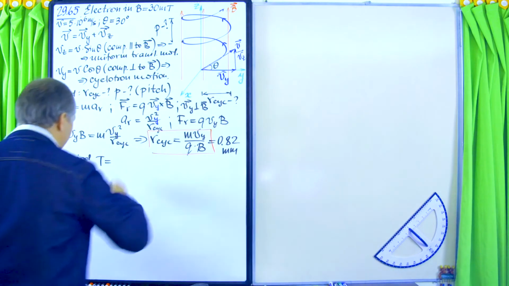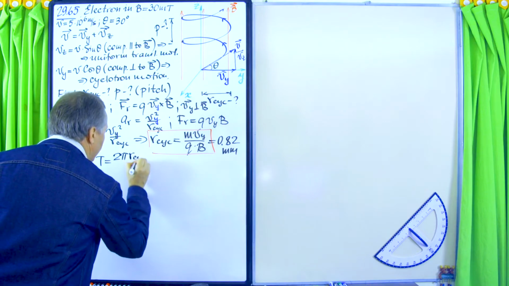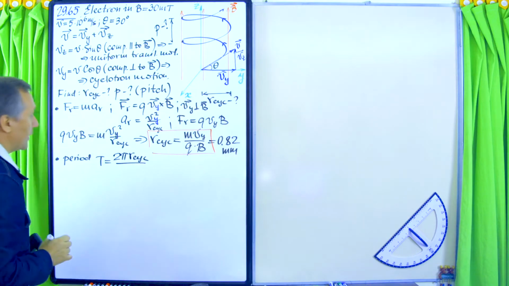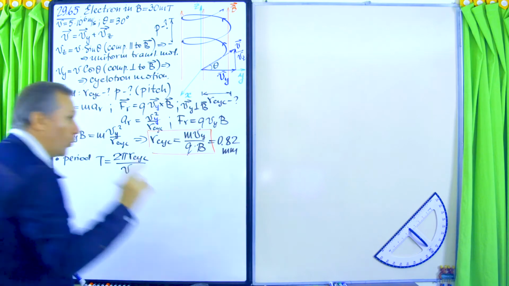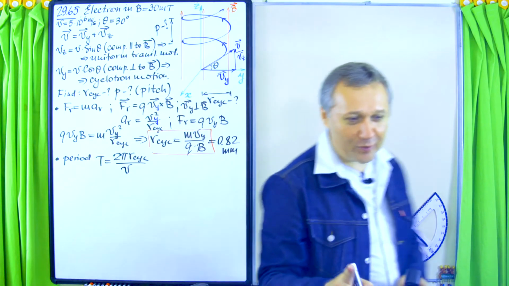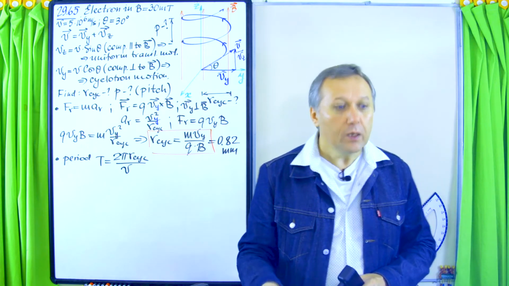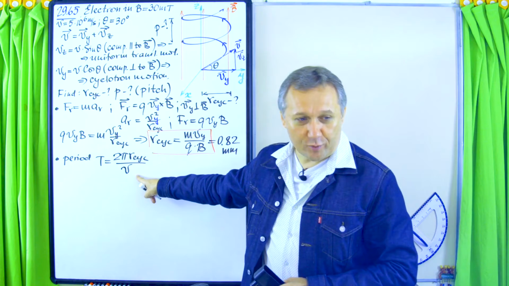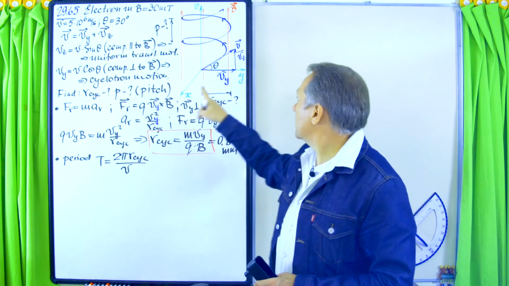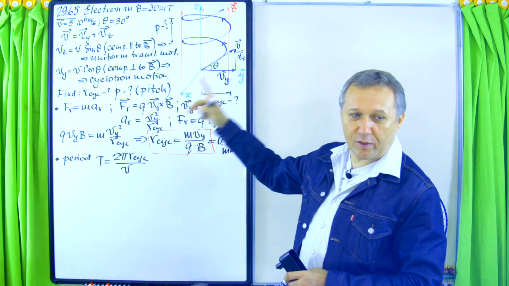So the period is the circumference, which is 2 pi r cyclotron, divided by the speed. Which speed? Again, every time we get to the point of velocity, I keep bugging you because it's very important. We are discussing the cyclotron motion, so it's the y component. V sub y is responsible for this circular motion.